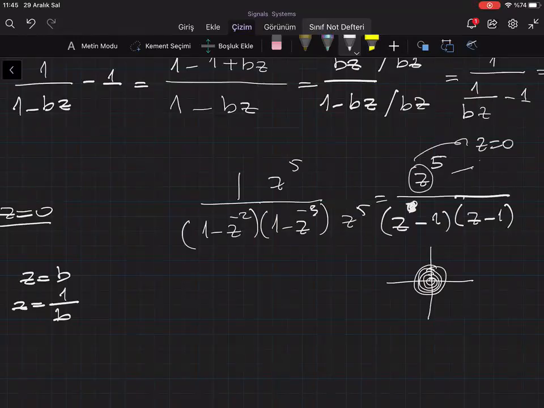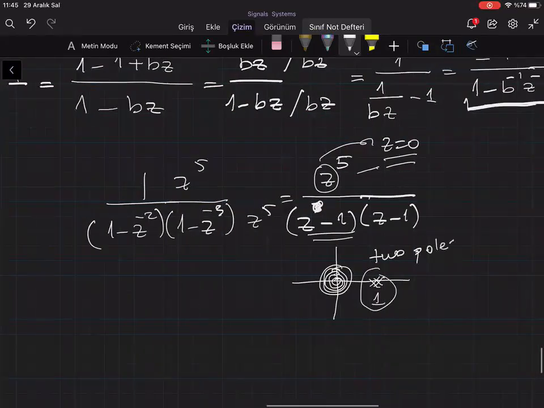It's called multiple root. So I indicate that by including as many zeros. If you have 2 z equals 1s, then you put like this. That means at 1, I have 2 poles. At 0, I have 5 zeros. You understand what I mean? Like this is the multiple pole zero case.